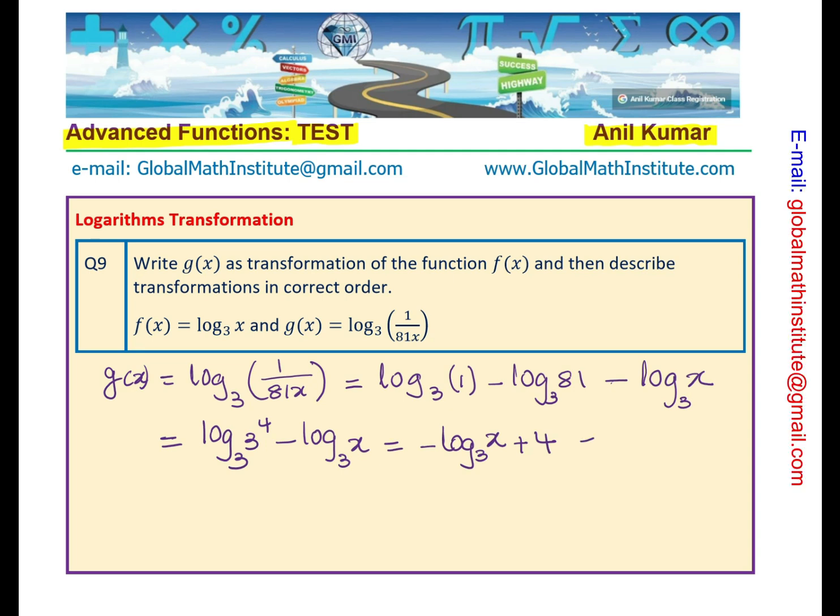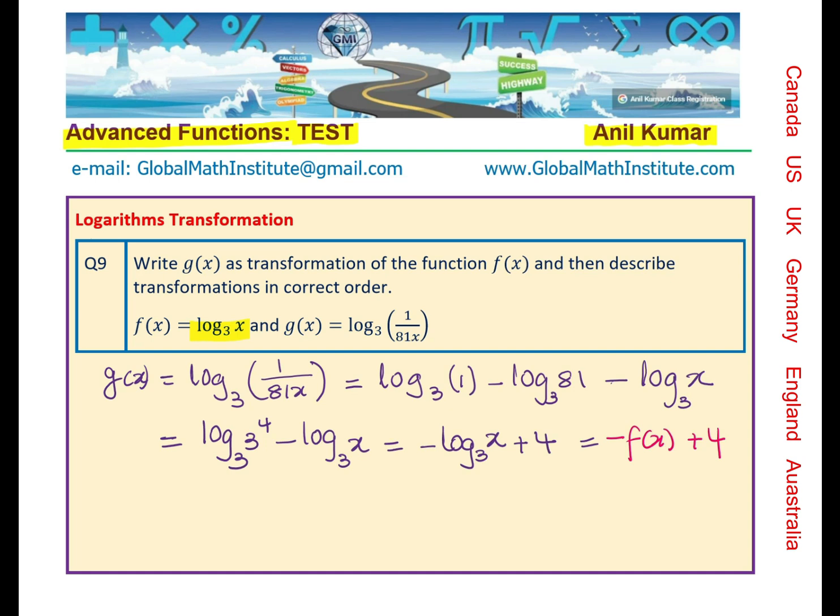f of x is given to you as log to the base 3 of x, right? So you could write this as minus f of x plus 4. And now you can write down the transformation, right?